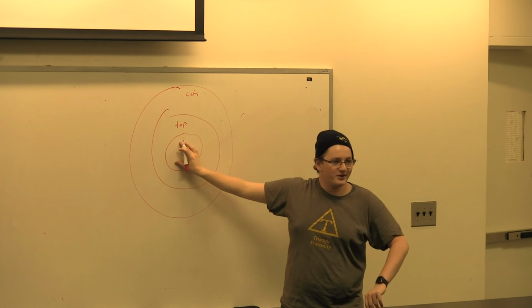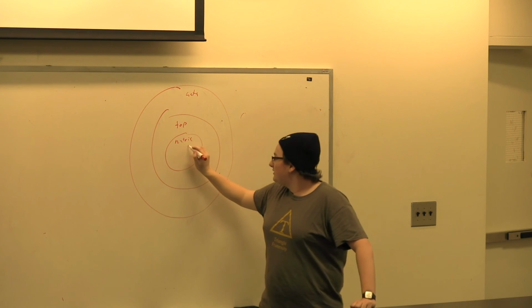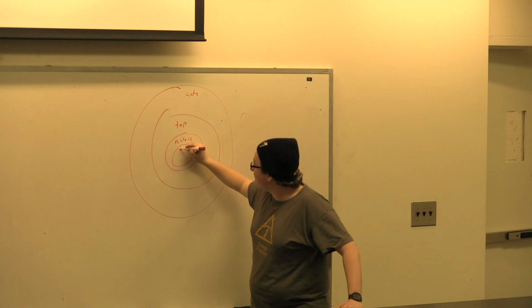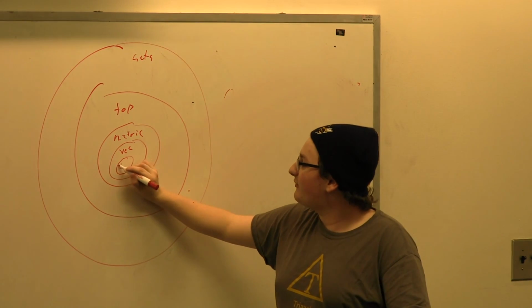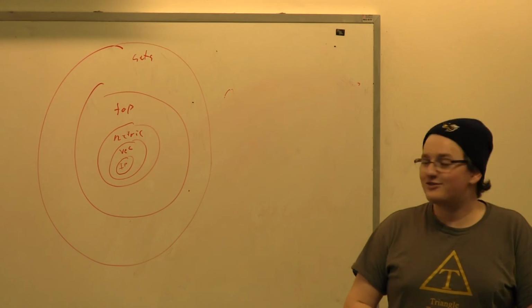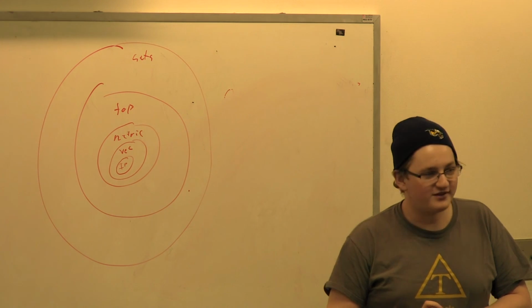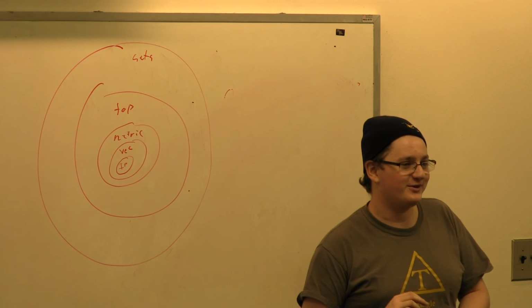This is the set of all metric spaces. This is the set of all vector spaces. This is the set of all inner product spaces. Okay? What's a topological space? A topological space is a set with certain properties. I forget what the properties are for a topological space.